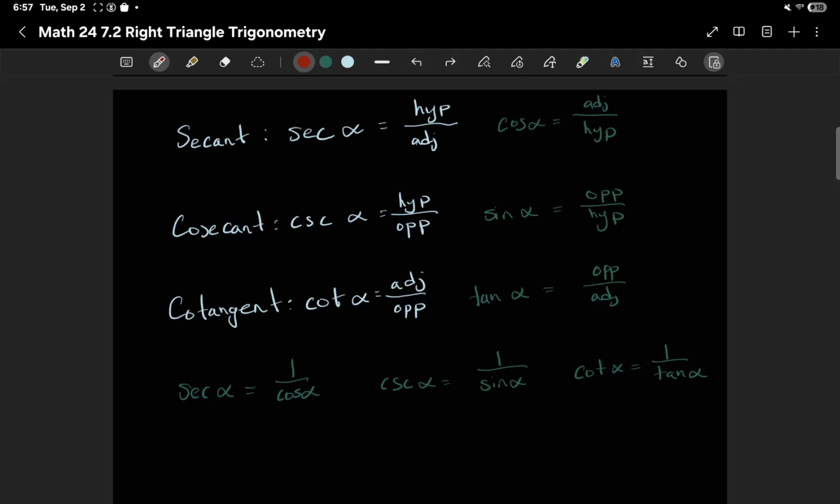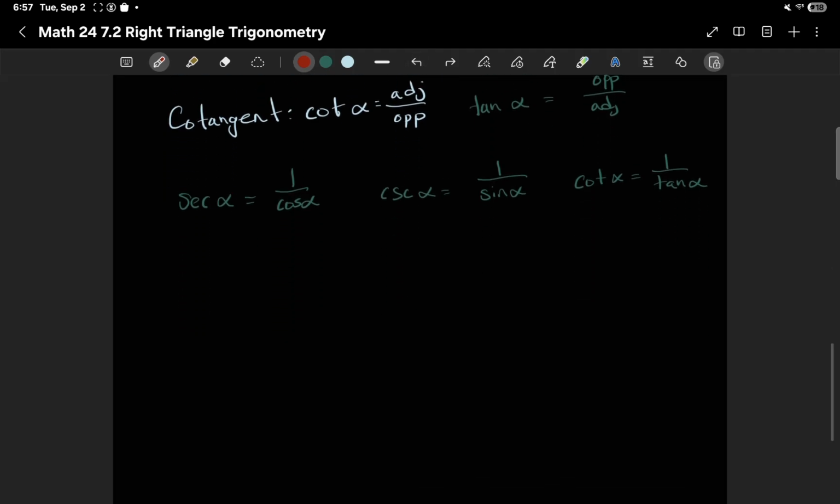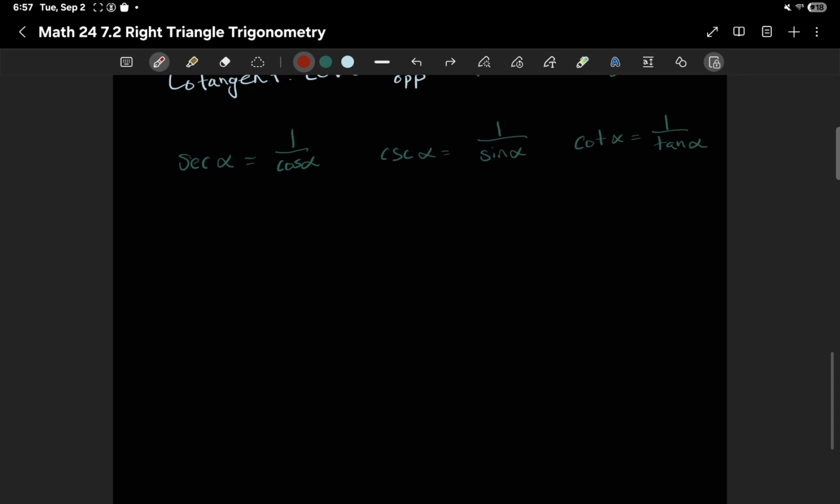Okay, so what we're going to do here is we're going to have another triangle and then find the three new trigonometric relationships using proportions. So I'll create a triangle here. I'm going to call my angle alpha.